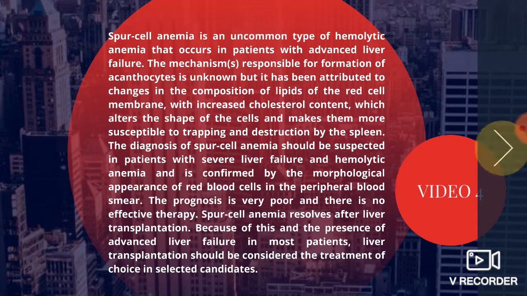Spur-cell anemia resolves after liver transplantation. Because of this and the presence of advanced liver failure in most patients, liver transplantation should be considered the treatment of choice in select candidates.